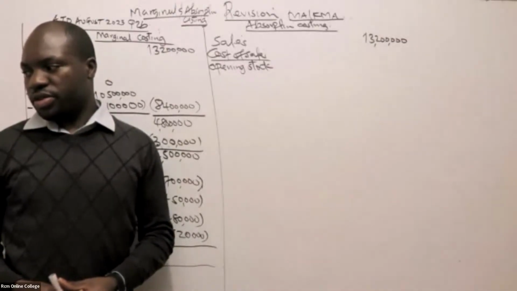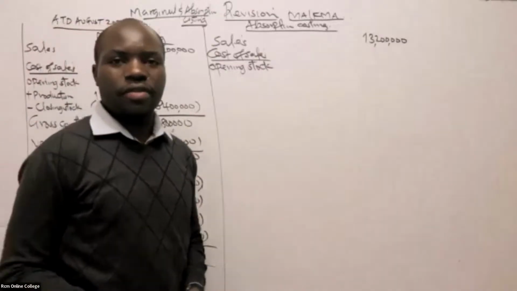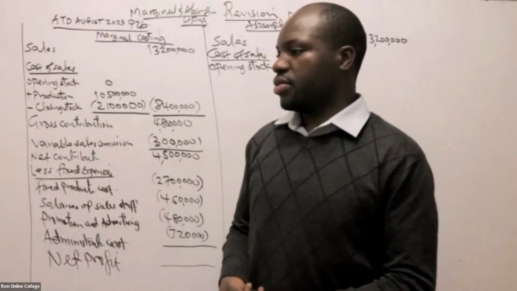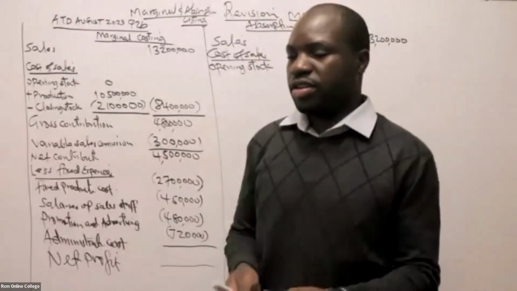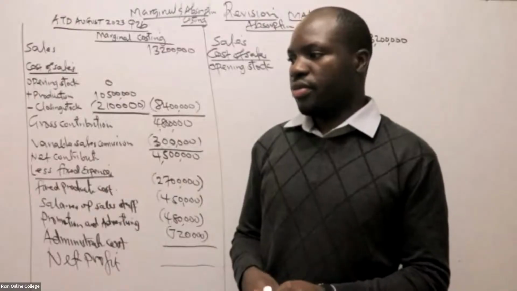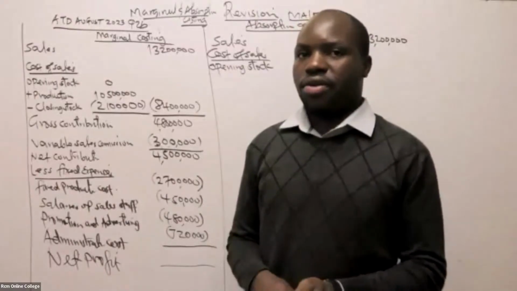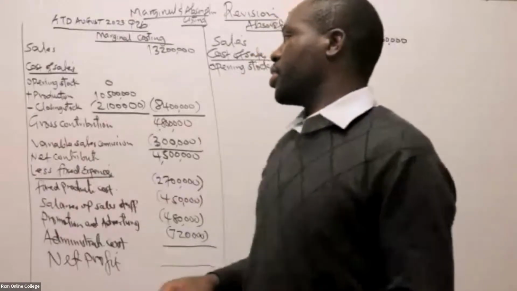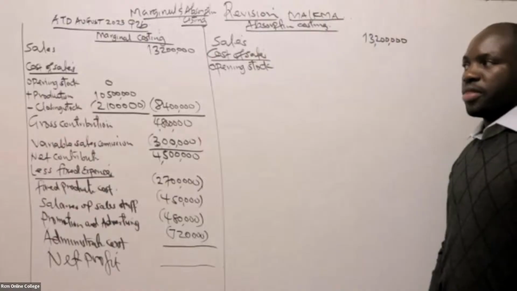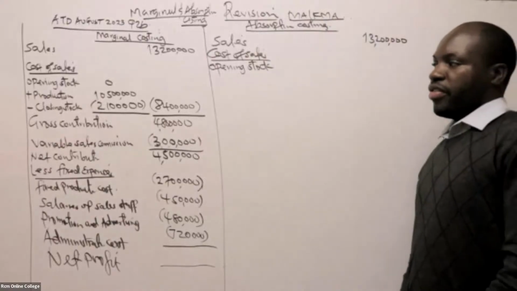Marginal cost and absorption cost figures. Okay, that was done during the first part of this class, the first 5 minutes. So how did we get the 350 that we are using here?